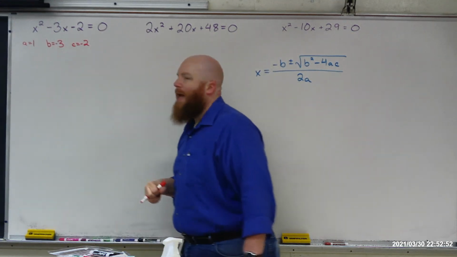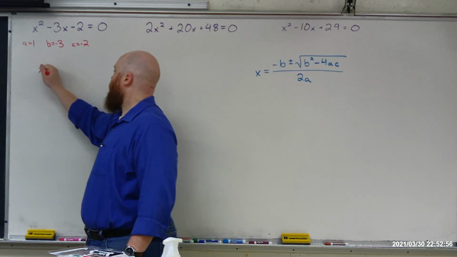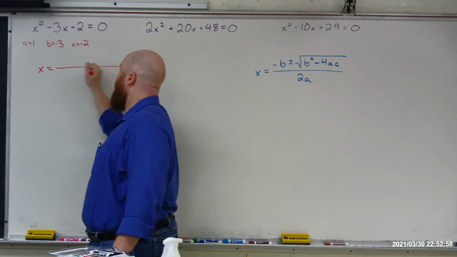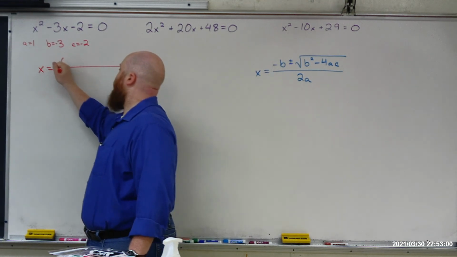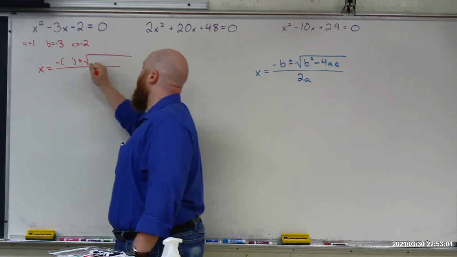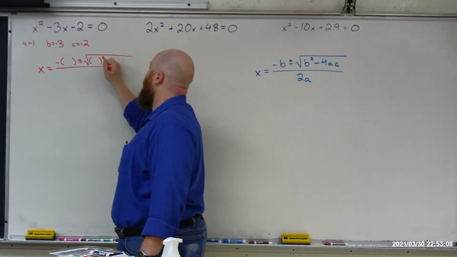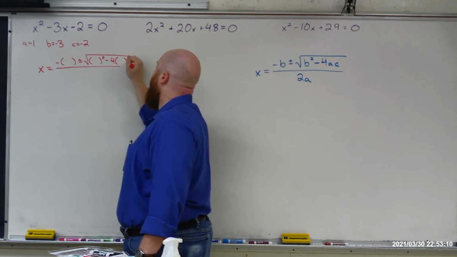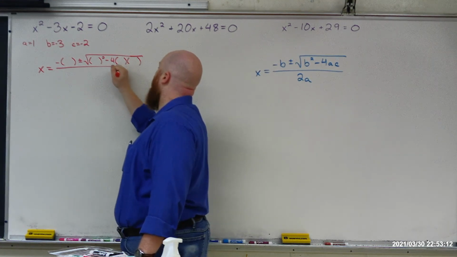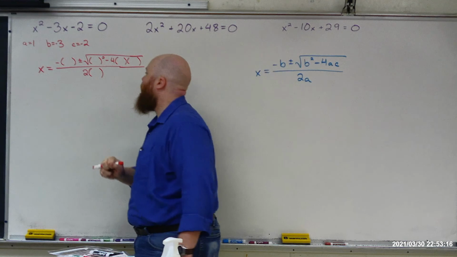I can then go ahead, take my quadratic formula. x equals -b plus or minus the square root of b squared minus 4ac, all over 2a.